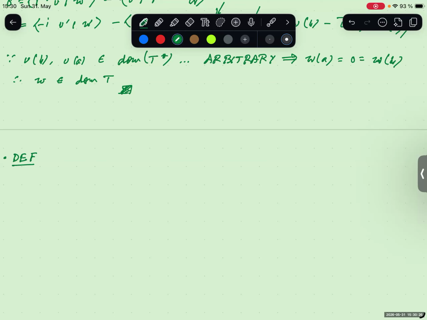The domain of an operator, by an operator I mean a linear operator on a Hilbert space.